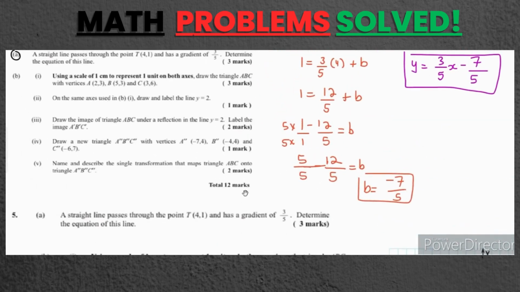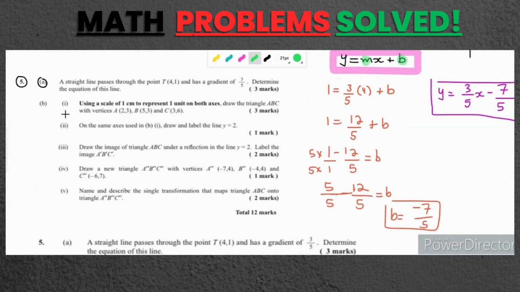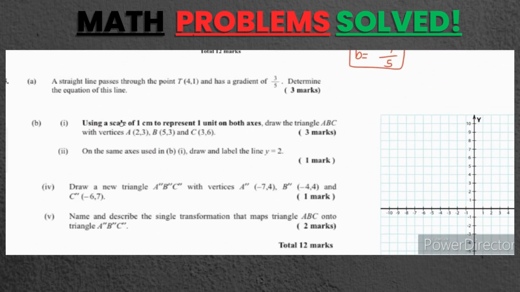Then we will come to the second part. Using a scale of 1 centimeter to represent 1 unit on both axes, draw the triangle ABC with vertices A, B and C. So 3 vertices of a triangle are given to us. I have copied the question here, right?